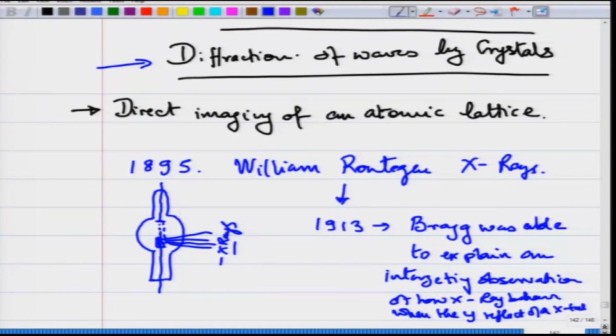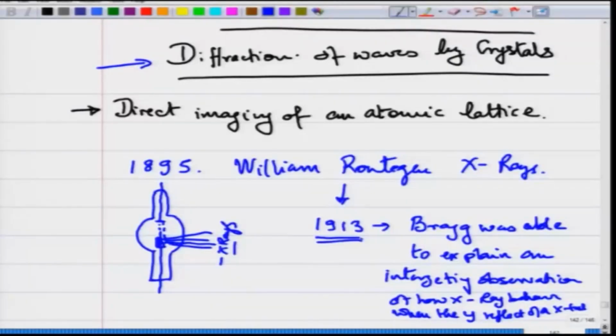You have X-rays reflecting off a crystal surface, and the reflected intensity has a particular behavior depending on the angle of incidence. At some angles of incidence, it was found that you have a lot of reflection, whereas at other angles you do not have reflection. That was related to the crystal structure of the lattice, which was explained by Bragg in 1913. So, in 1895 X-rays were discovered, which were then applied to study crystals, and by 1913 an important discovery revealed the atomic nature of crystals, that there is a periodic arrangement of atoms inside the crystal.